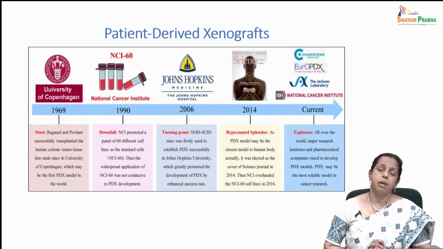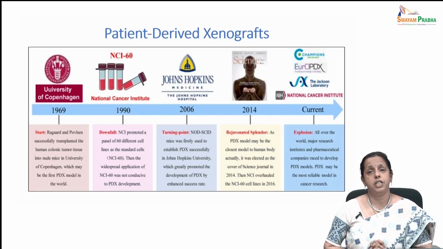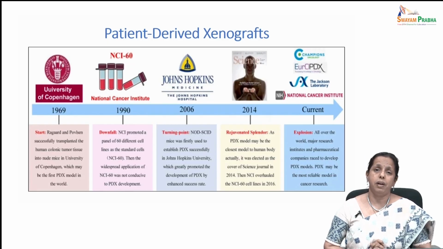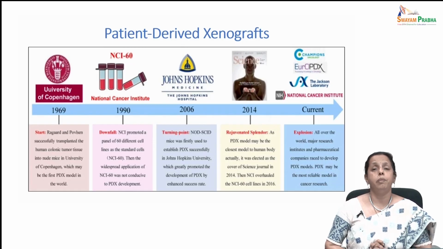A patient may harbor a particular mutation, and the tumor may not respond to a particular drug. Then the drug treatment or targeted therapy can be circumvented for that patient, so as to avoid unnecessary administration of drugs.